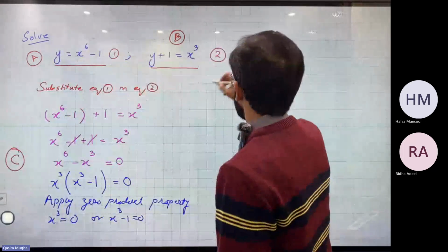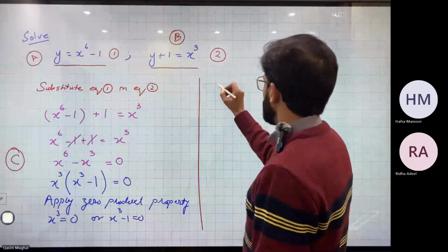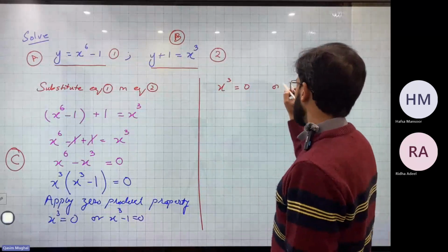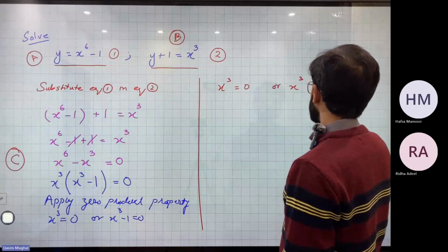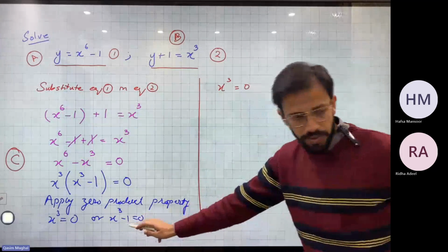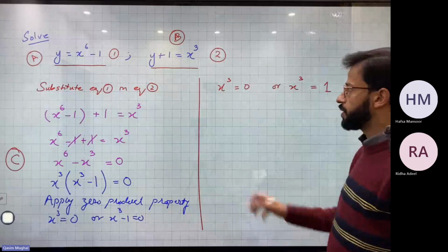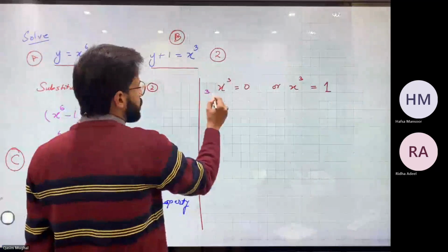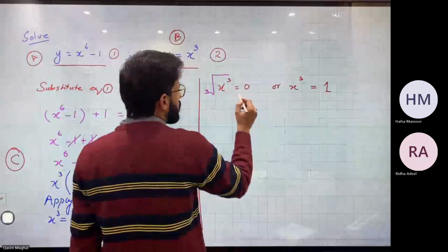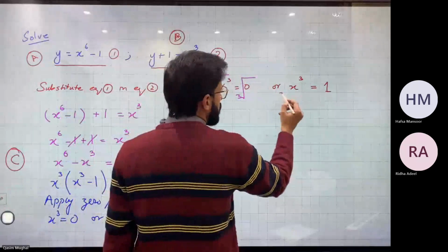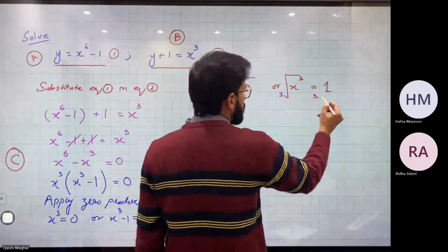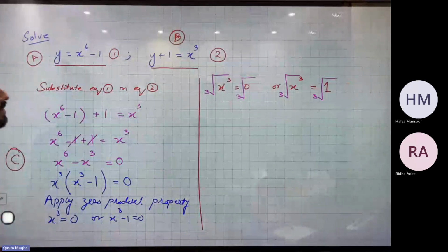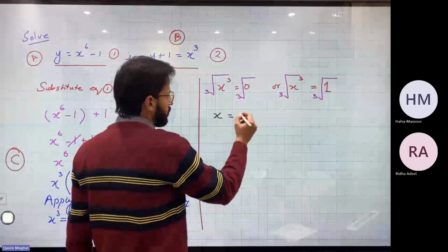Now let's solve that. x cubed equals 0, or x cubed equals 1. It was minus 1 there, when I brought it here, plus 1. Taking cube root on both sides, or taking power 1 by 3 on both sides, this is going to give me the value of x.